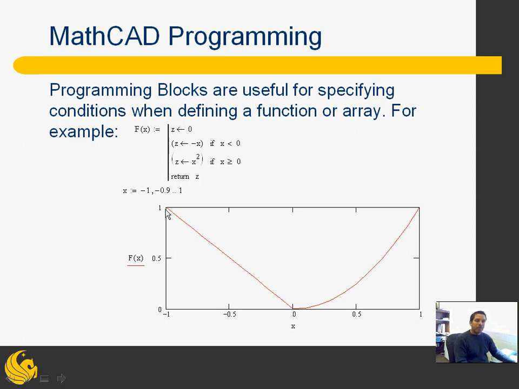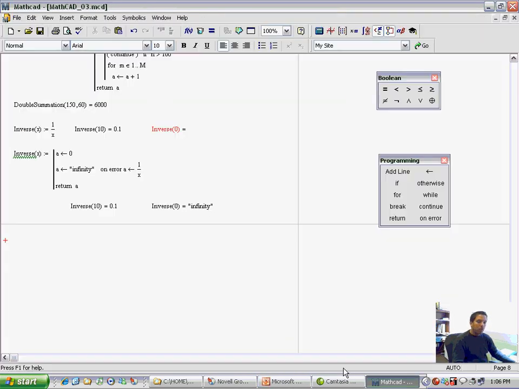For example, if the function is a line when x is less than 0, and it's a parabola when x is greater than 0. So how do you do that? Let's go back and say f of x, at a line, z or a, whatever you want to call it, let's say a to be consistent with what we have been doing, is equal to 0.